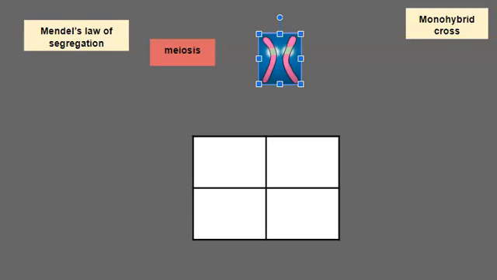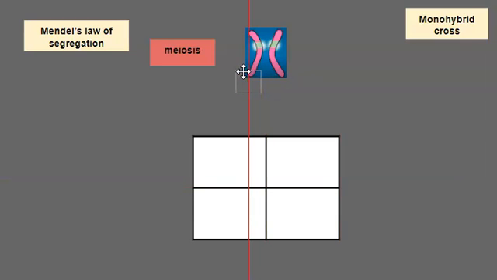So in a human, one parent could have the dominant allele, that would be for, let's say, brown-colored eyes, and another parent might have the recessive trait for blue-colored eyes. Well, you're not going to get both of these traits from a parent. Only one of these alleles will be passed on because you only get one chromosome from your parent.